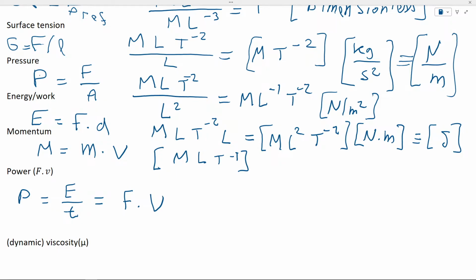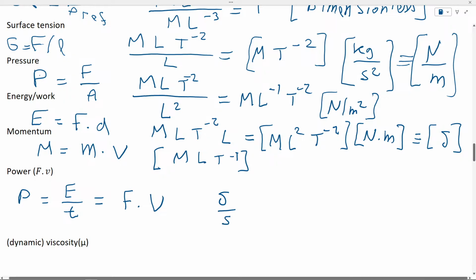The same here, you can give it a unit of joule per second, for example, because the unit of energy is joule and time is second.